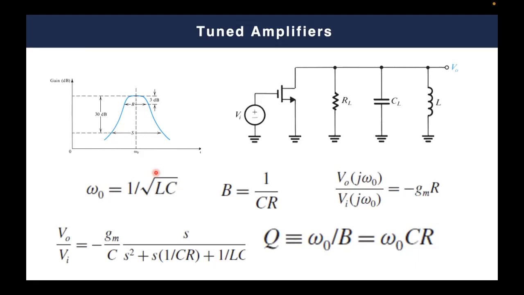So if you look at the gain or the transfer function when omega equals 1 over root LC, you will find it is negative GM R, which simply means as if you don't have this capacitor and this inductor, and you just have a very basic circuit with only a resistance.